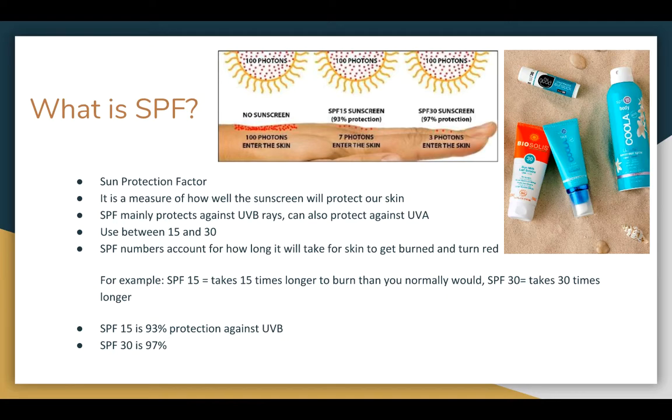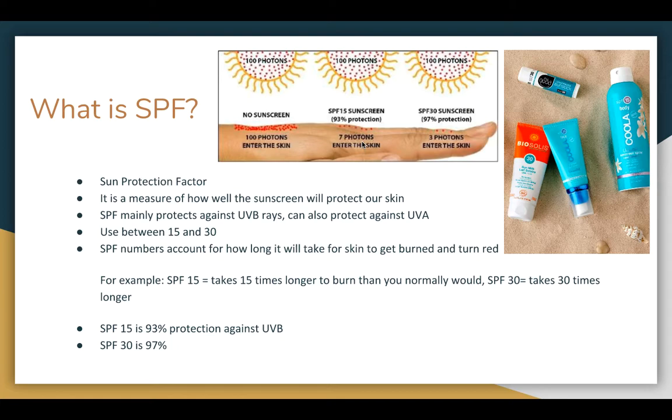So SPF 15 is 93% protection against UVB rays, and then SPF 30 is 97%. And there's a picture on this slide that helps you visualize what that means. So if you have 100 photons that are coming from the sun and you're not wearing any sunscreen, 100 photons are going to be entering the skin. Now, if you're wearing SPF 15, it's 93% protection.